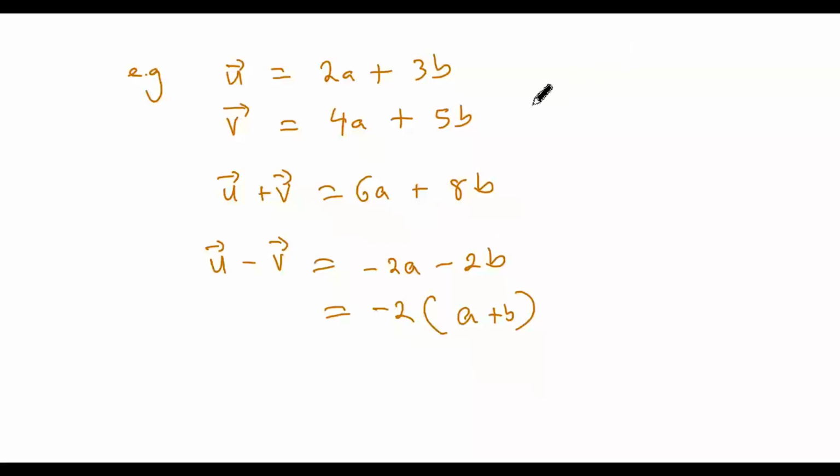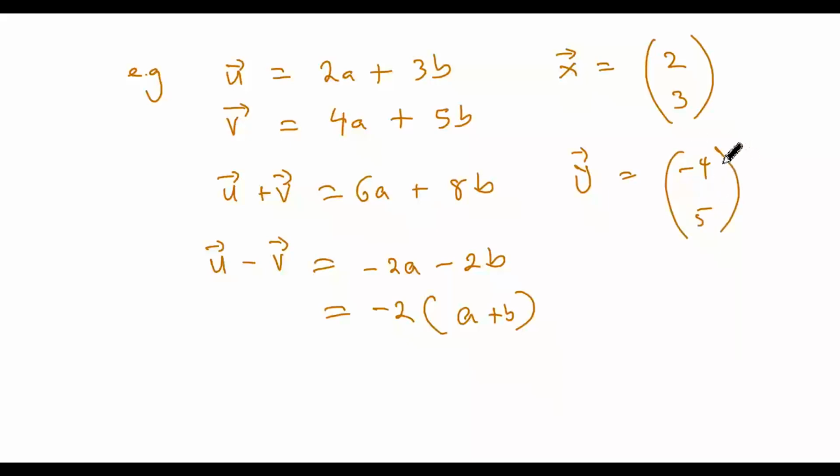It could be in the form of a column vector. Take for instance, you could have vector x equals 2, 3, and vector y equals negative 4, negative 5. In this case, you can add the two vectors together.